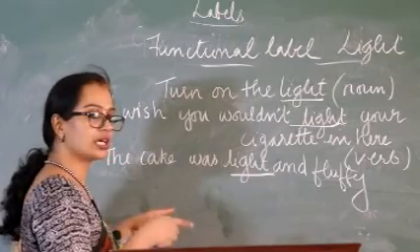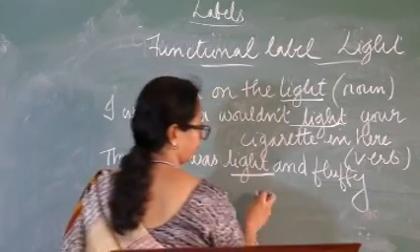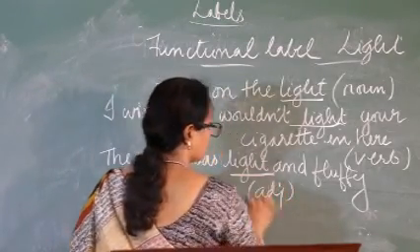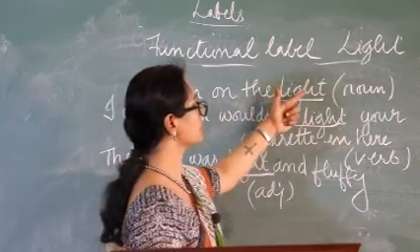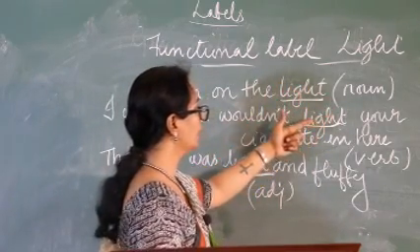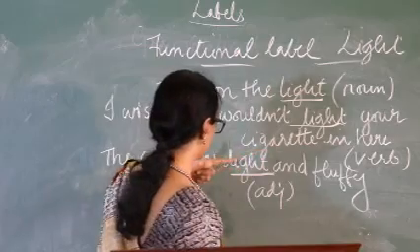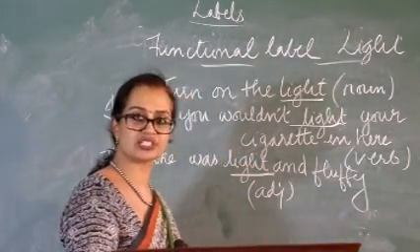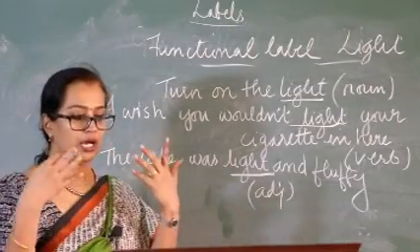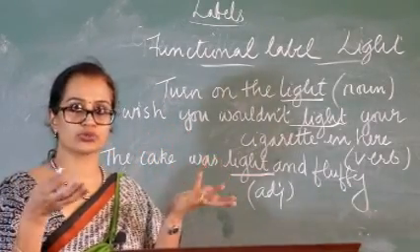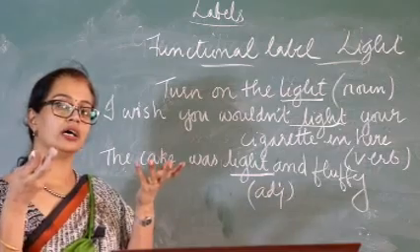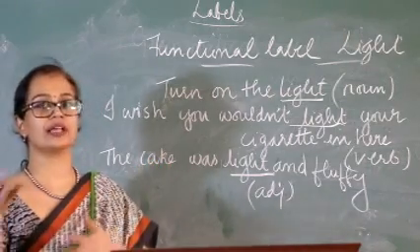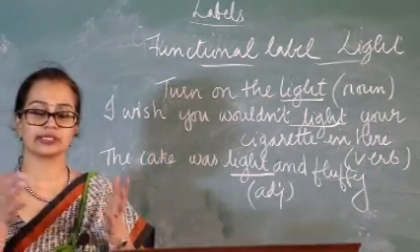So see how it changes. It changes from a noun, to a verb, and here it is used as an adjective. It can also be used as an adverb. His eyes were light blue. Light is an adverb because it is describing the adjective blue.